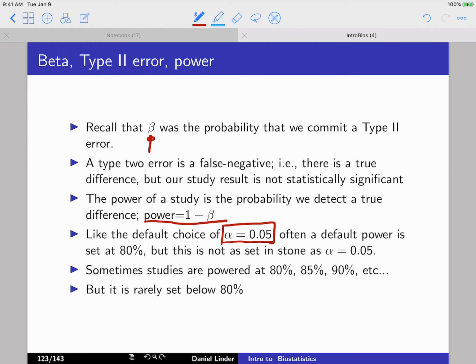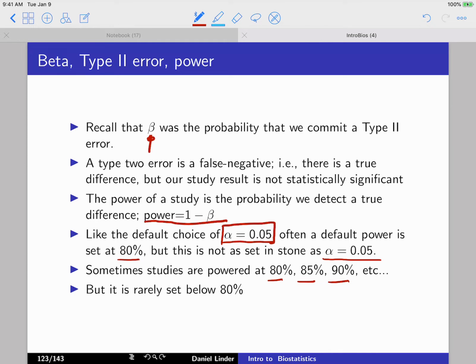Often a default power is also set at 80% for a lot of different situations, but this really isn't as set in stone as the alpha equals 0.05. Sometimes studies can be powered at 80%, 85%, 90%, and you can probably intuitively tell that the more your power increases, the more sample size you're going to have.